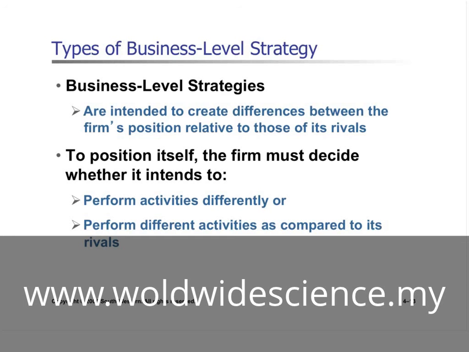So you perform activities differently. Let's say, going back to the tablet example, the iPad and Motorola or Samsung, they might be totally different products. They perform differently, they look different, and everything.